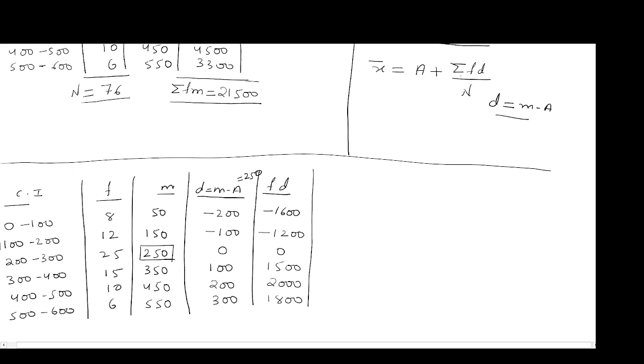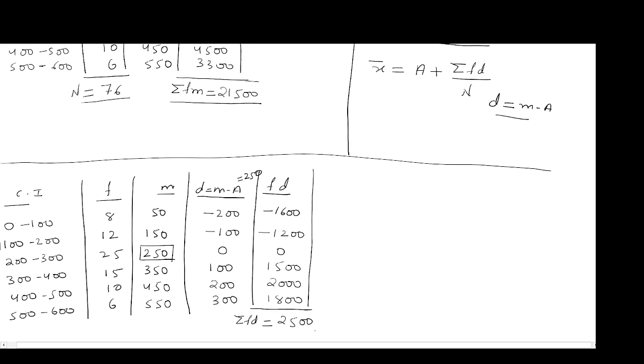Now I have summation FD. So take the total. Add all the values of FD. You will get summation FD. That is minus 1600 minus 1200 plus 0 plus 1500 plus 2000 plus 1800, and the answer is 2500.